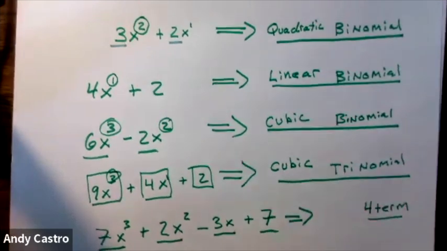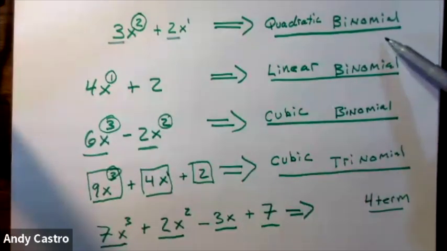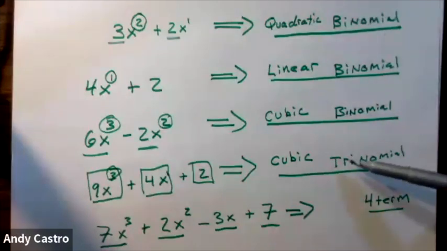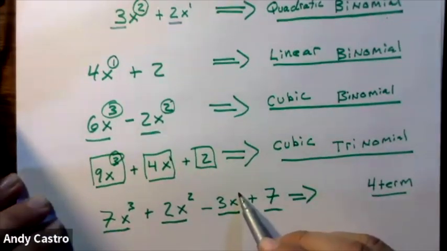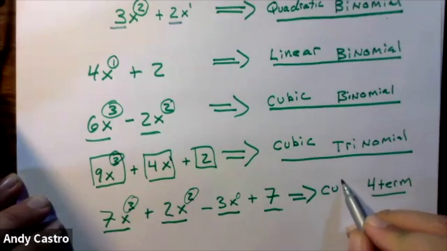So 1 term is monomial, 2 terms is binomial, 3 terms is trinomial, and then anything above 3 terms just gets its number, 4 term or 5 term or 6 term, so on and so forth. 1, 2, 3 is my highest, so this is a cubic.